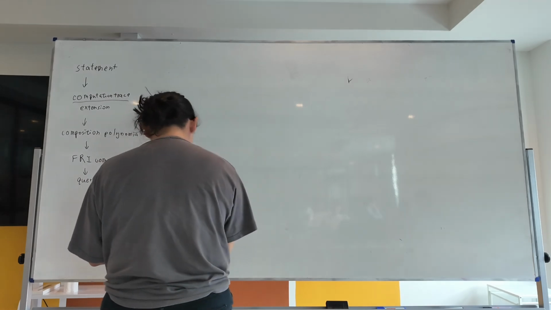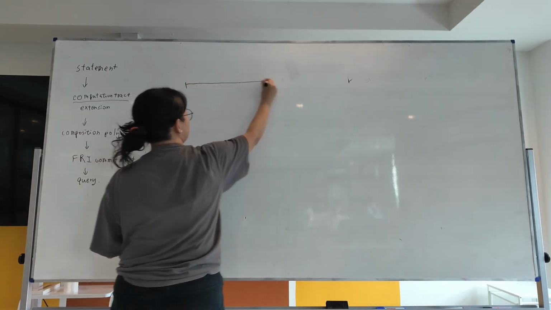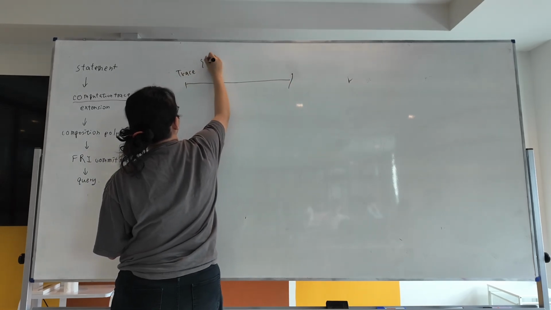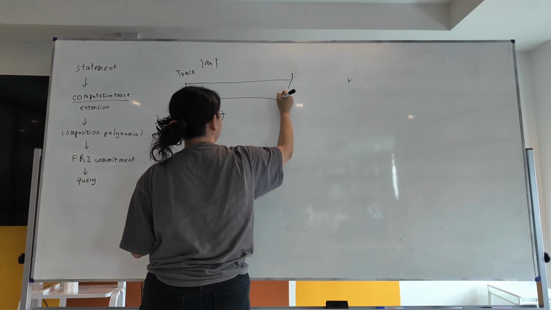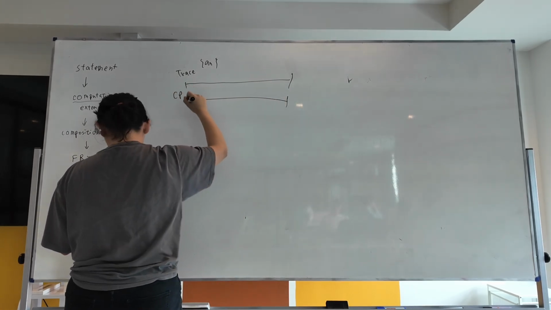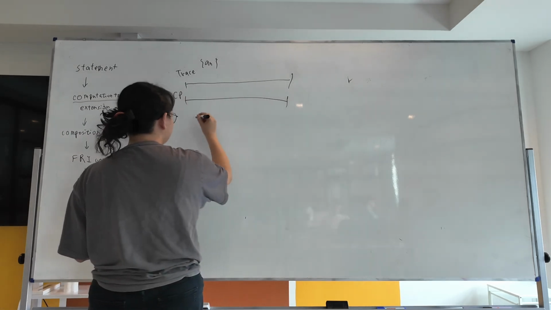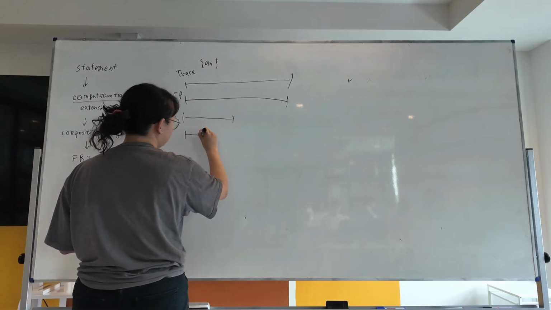So I'm going to quickly talk through it. Now looking back, we have the trace, the AIR thing. And then we have the composition polynomial, CP. And then we do the FRI steps multiple times, and every time it's half the size of the original base.